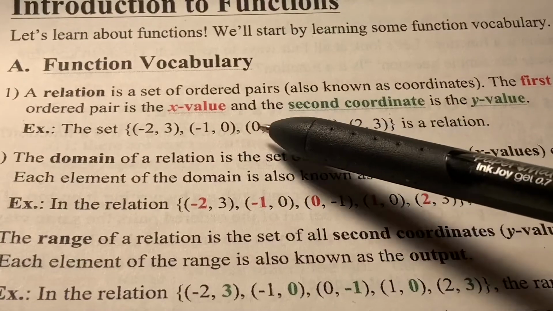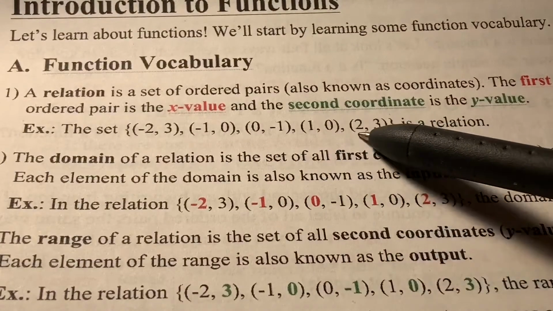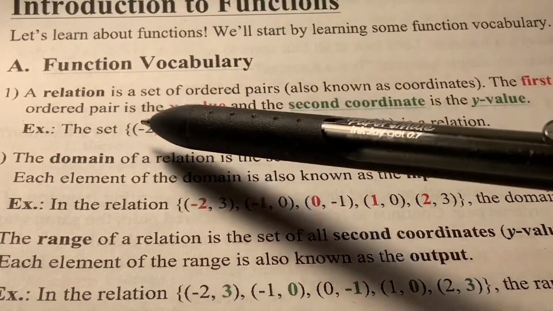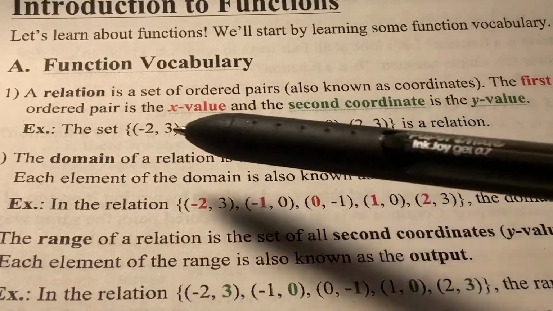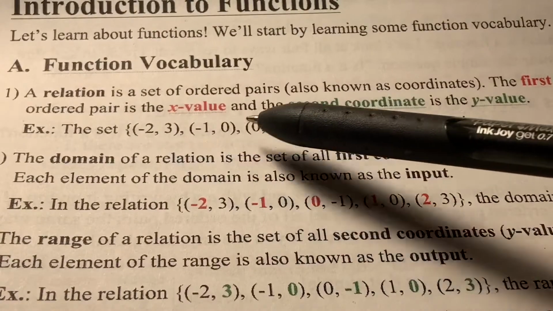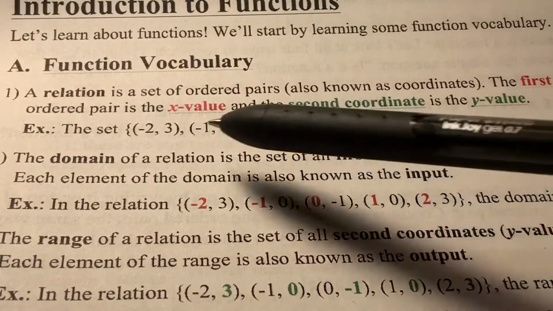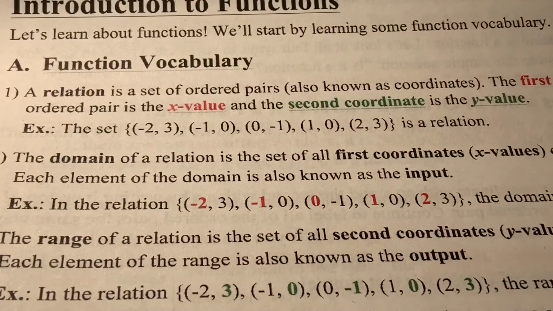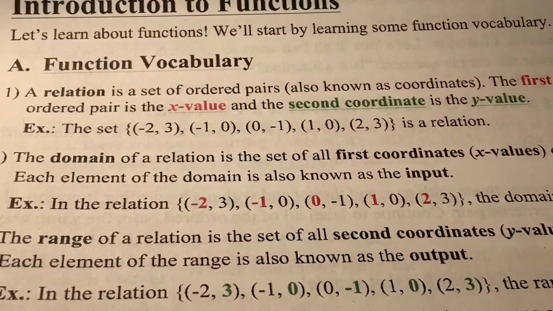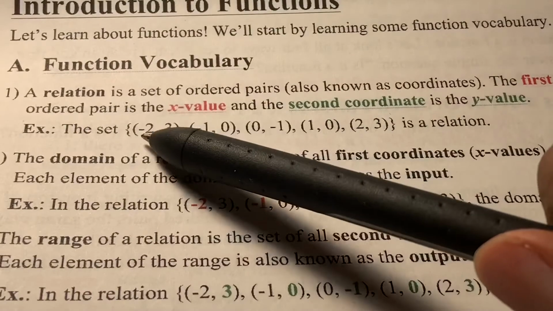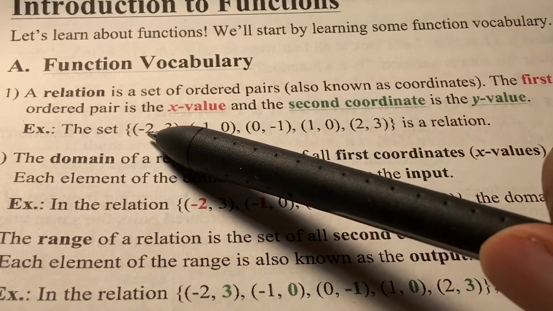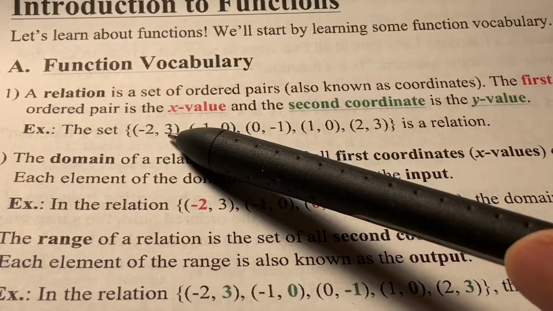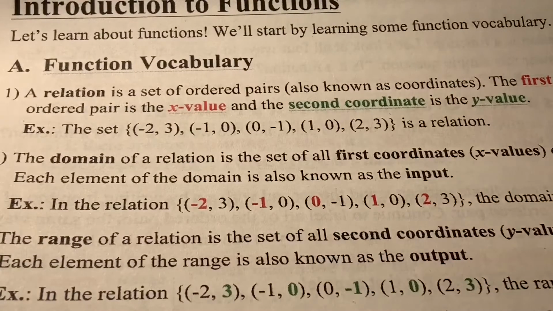And then we have our x and our y, our x and our y, and our x and our y. So again, the braces indicate that we have a set, and each of these ordered pairs is within the set, and we call that a relation. Again, a relation is a set of ordered pairs. First value is our x value or x coordinate. Second value is our y value or y coordinate.